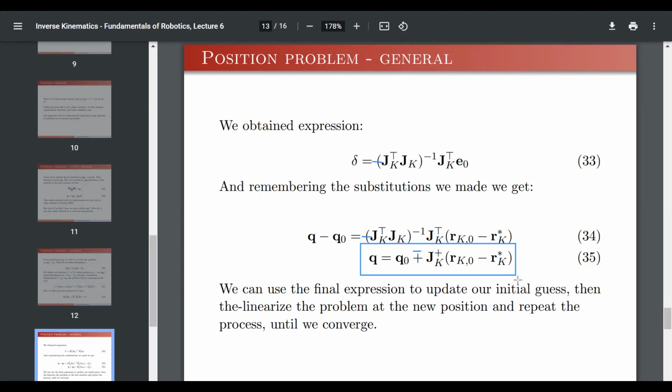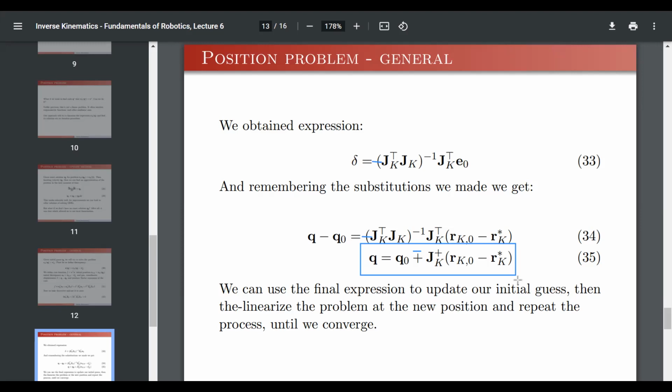We just say, okay, first we update our Q as Q0 minus J pseudo inverse RK minus RK star. Next time we update RK0 and Q0, and JK also updated. We repeat, we again get new Q0 minus new J pseudo inverse times new RK0 minus RK star.